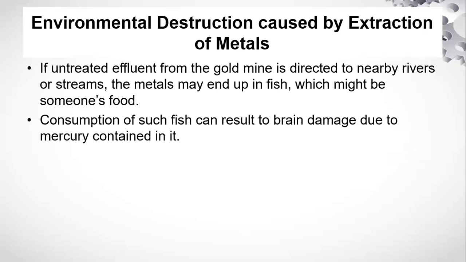The consumption of such fish can result in brain damage due to the mercury contained in it. So that's the other environmental destruction caused by the extraction or mining of metals that can impact our health.